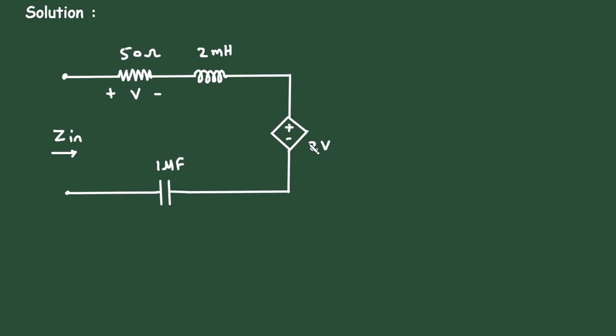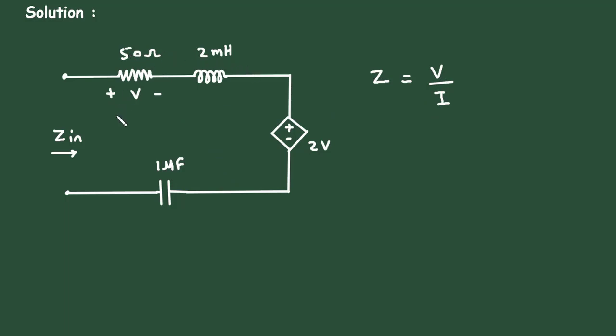Here we can see this is the dependent source. If we have to find its total impedance, then we can use this formula: Z is equal to V upon I. This is how we can find the impedance of this circuit.